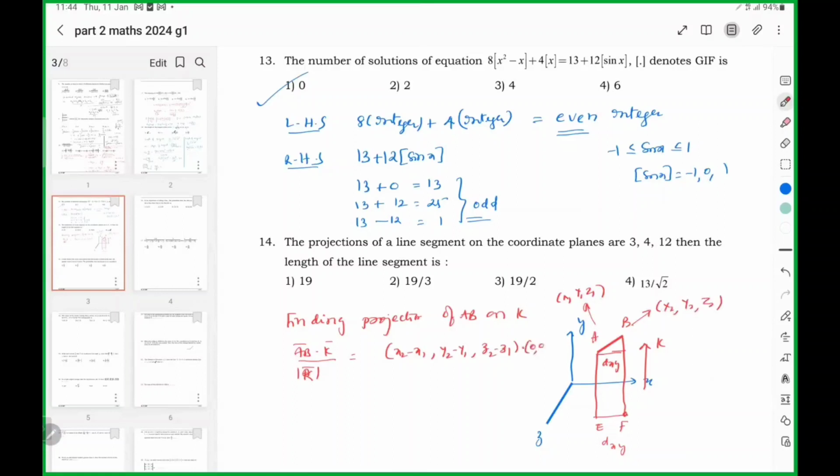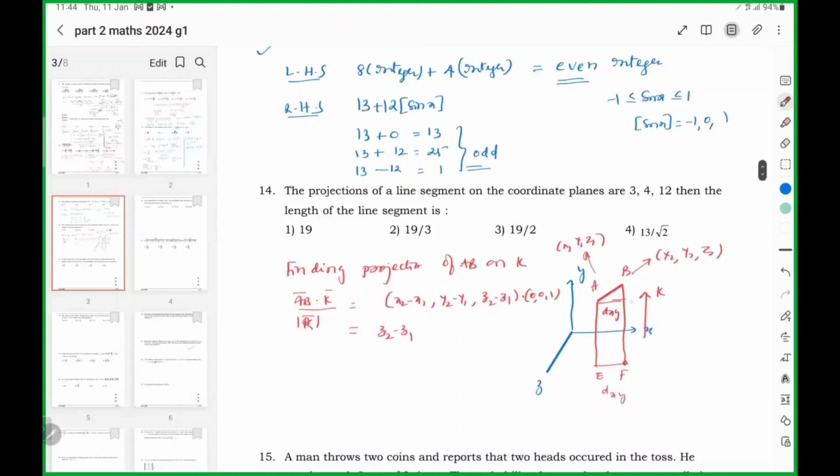Z will be 0, 0, 1. So what we have to find out is AB square minus this.